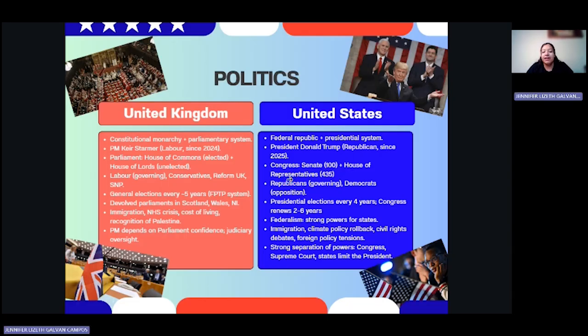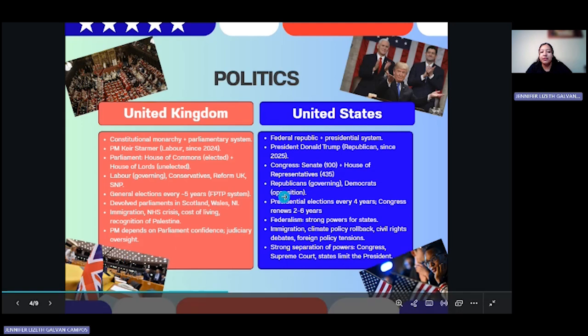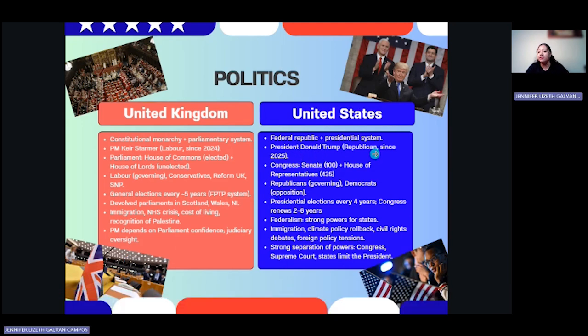And in the United States, it is a federal republic with a presidential system, the President being Donald Trump, Republican, since 2025. Congress has the Senate and the House of Representatives, with Republicans and Democrats as the options. Presidential elections are every 4 years, and Congress renews every 2 and 6 years.